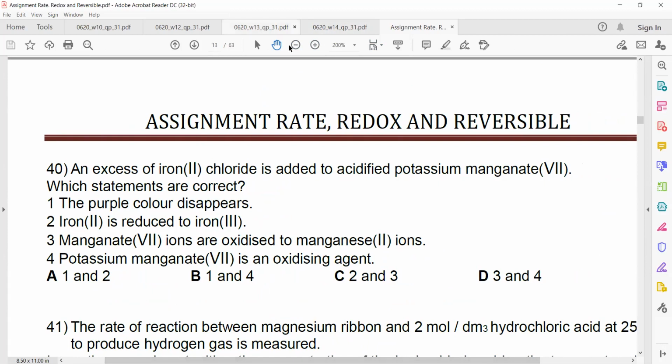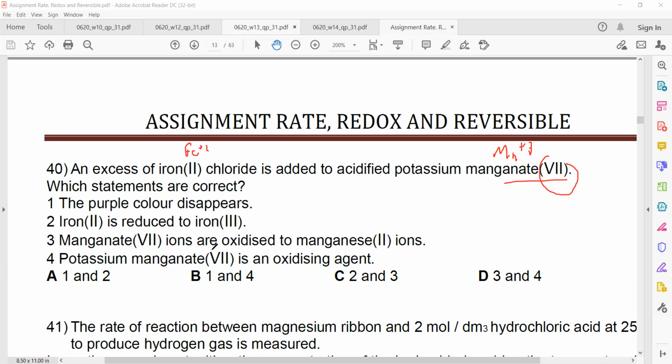An excess of iron 2 chloride was added to acidified potassium manganate 7. The Roman number shows the valency. Mn is plus 7 and iron is plus 2. Which statements are correct?